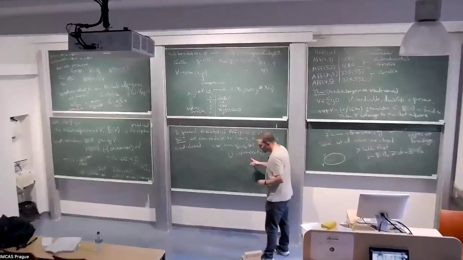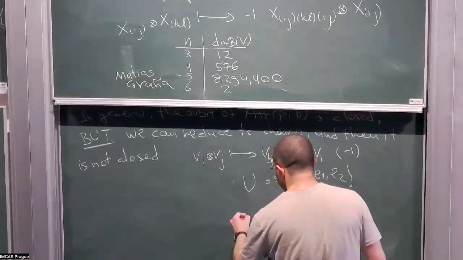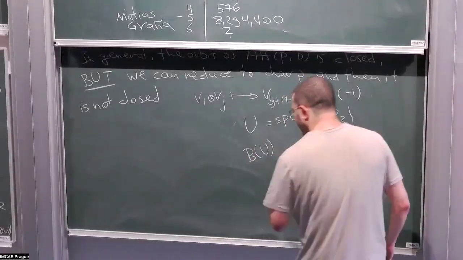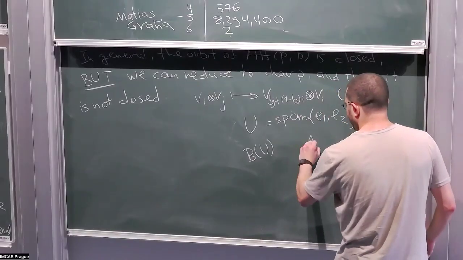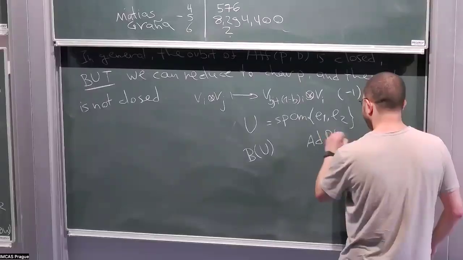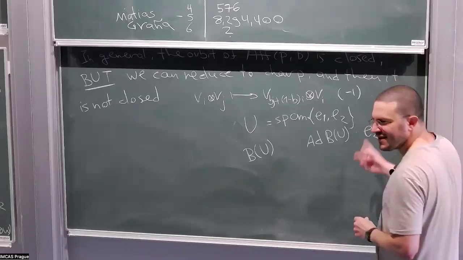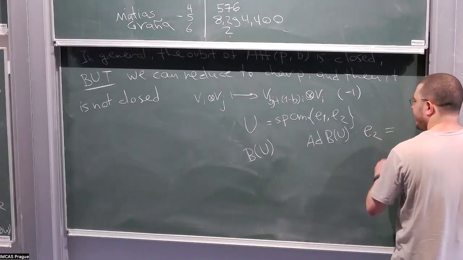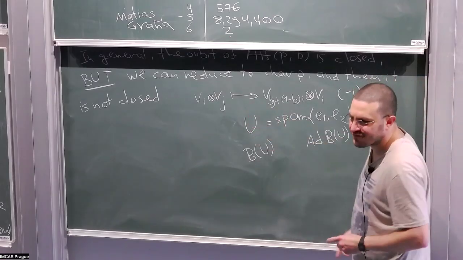I don't remember the Cartan matrix of this one, but the main thing is what you do is that you take B, you construct B of U, and then you look at the adjoint action of B of U on E2, if I'm not mistaken, and this will already be something that looks like this V that I started from.